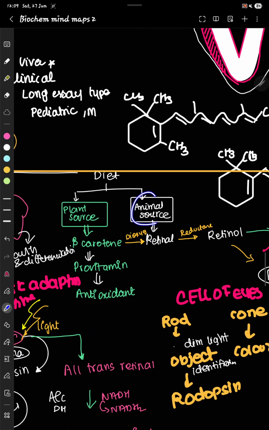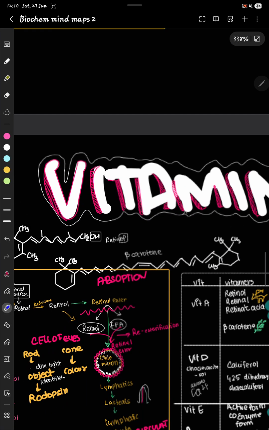And we have the animal source, which is retinol. Retinal can be derived from beta carotene with the help of an enzyme called dioxygenase. You will understand better with this structure. This is the structure of beta carotene.